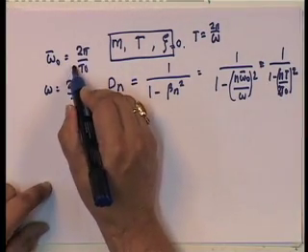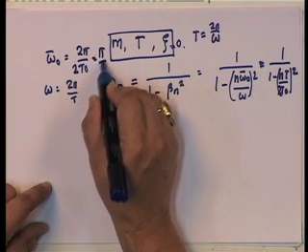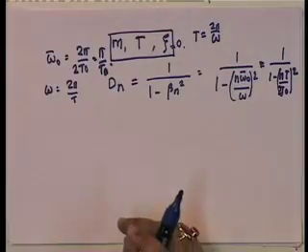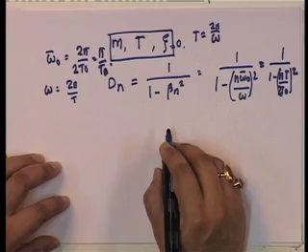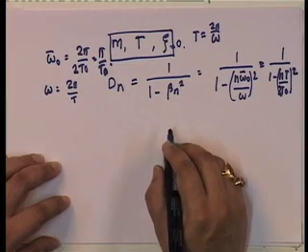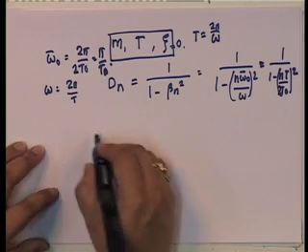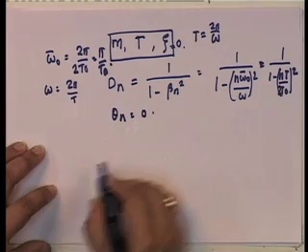Omega 0 is actually pi upon T 0, because T 0 only represents half of that period. So, therefore, if you look at it, we get it equal to the following. So, Dn is this, and then theta n is 0 if xi equal to 0.